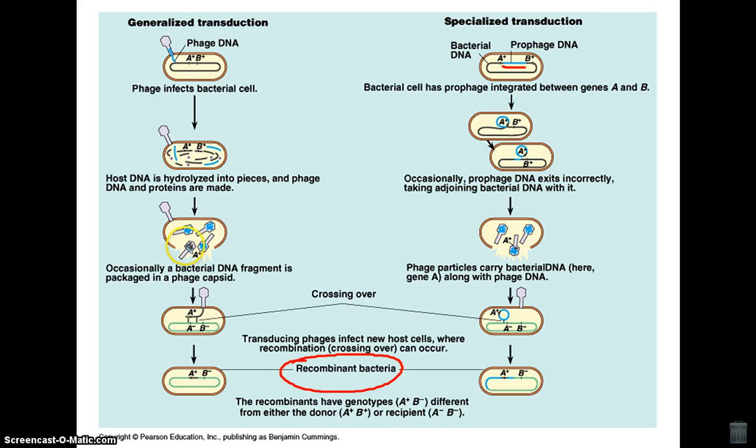So instead of being entirely bacterial DNA like we saw on the left, what happens is we have mostly viral DNA, but we have a small piece, in this case the A+ gene of the bacteria, so that's why it's specialized. And when this phage infects a cell, the prophage gets worked into the bacterial genome, and the A- gene can be replaced by the A+. So in both cases we have recombinant bacteria. We have a new combination of genes that wasn't seen previously.